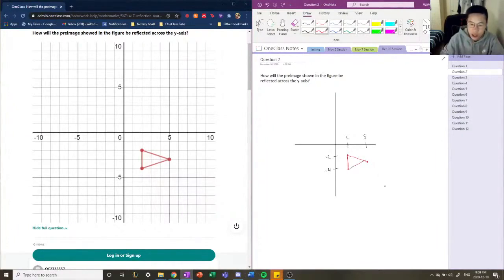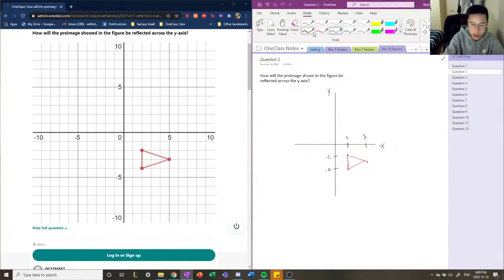All right. So what it means to reflect it is that we're going to move it across the y-axis. So we're going to label our axes too. So x and y here. So we're going to reflect this across the y-axis. Okay, but we have to be wary of the fact that we need to keep each of these vertices at the same relative distance. So you see here that this first vertex here is 2 units away from the y-axis and 2 units away from the x-axis.